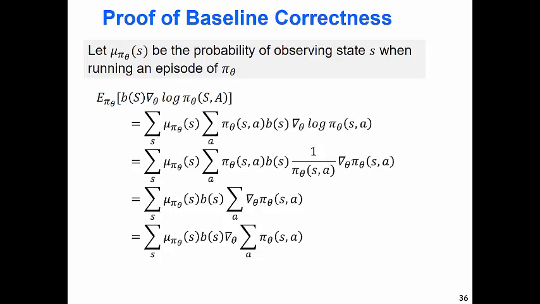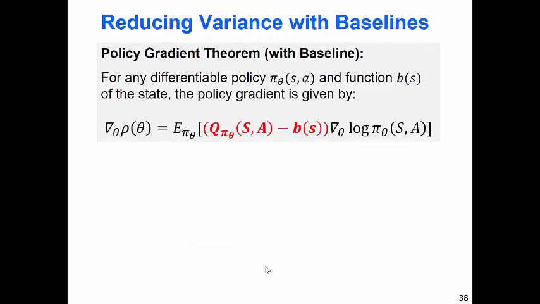And then, what's the value of this? The sum over A of pi is 1, right? So there you go. And the gradient of 1 is 0. So it falls out. This is just basic calculus and algebra. So there you have it.